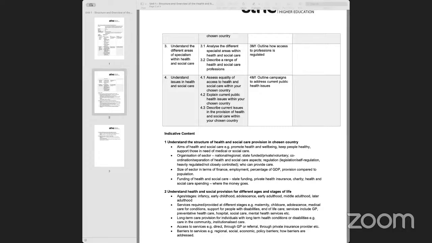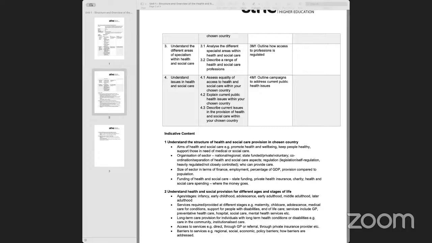Here the idea is to go a bit deeper into the specialisms and pick out a few professions which would give us a good idea of the various professions available. So first is specialisms, the sectors within health and social care, and then we go into detailing of professions.